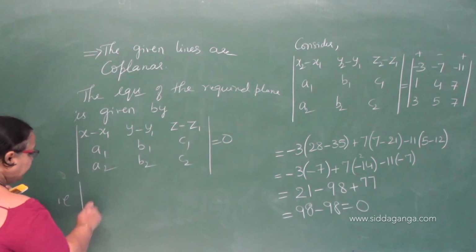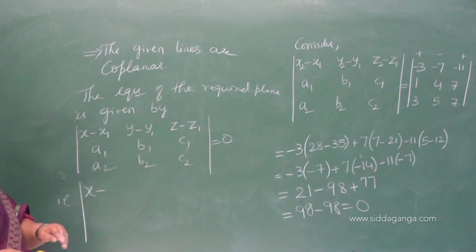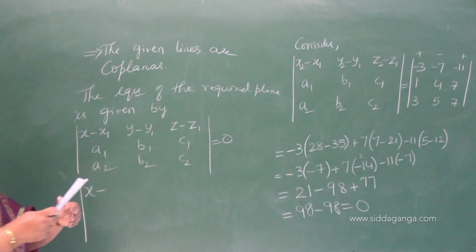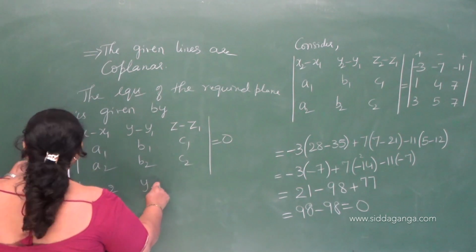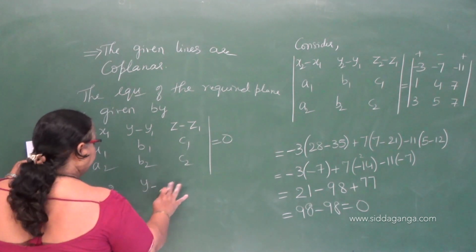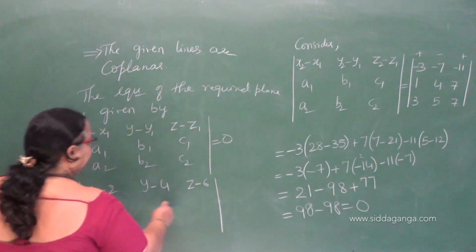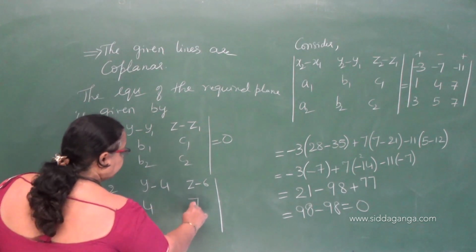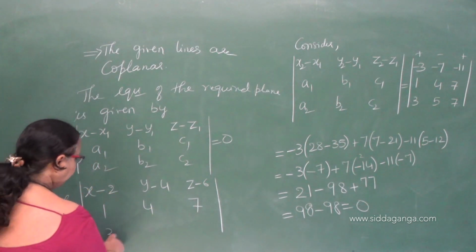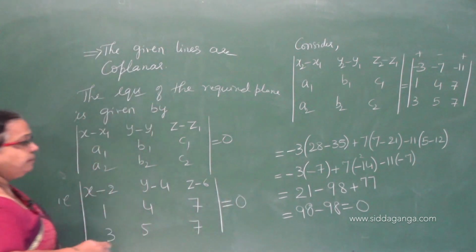That is determinant x minus 2, y minus 4, z minus 6, and a1, b1, c1 are the same, 1, 4, 7, next 3, 5, 7 equal to 0.